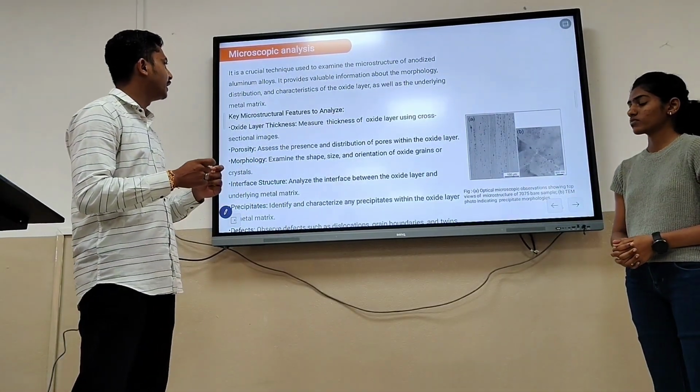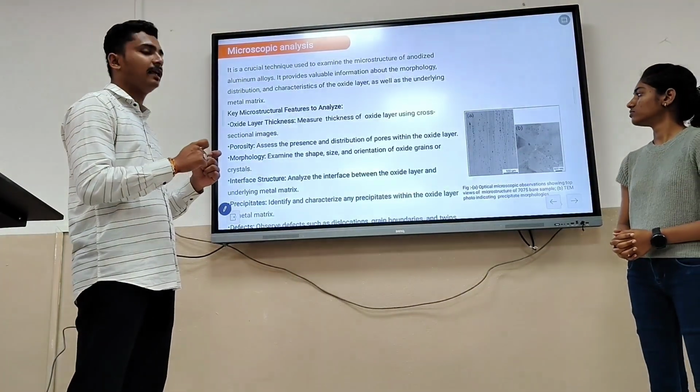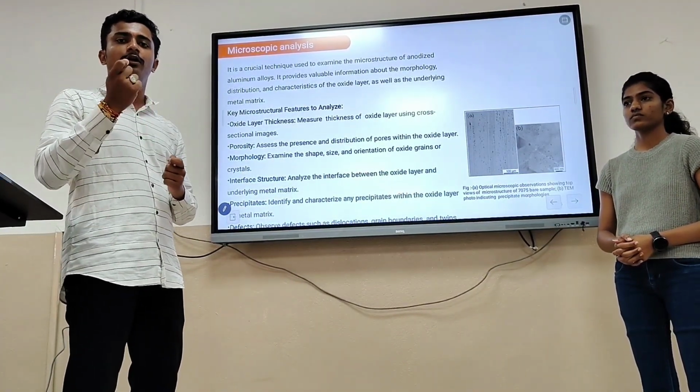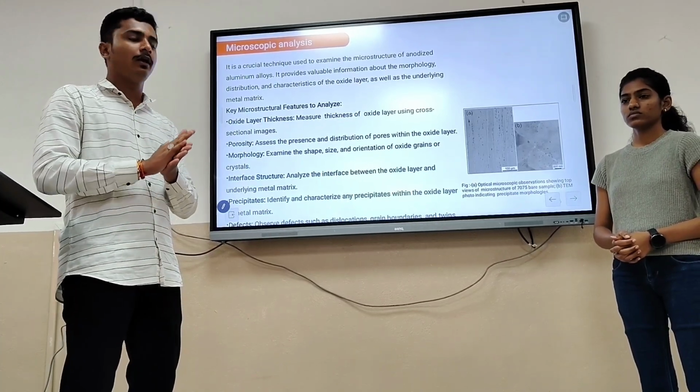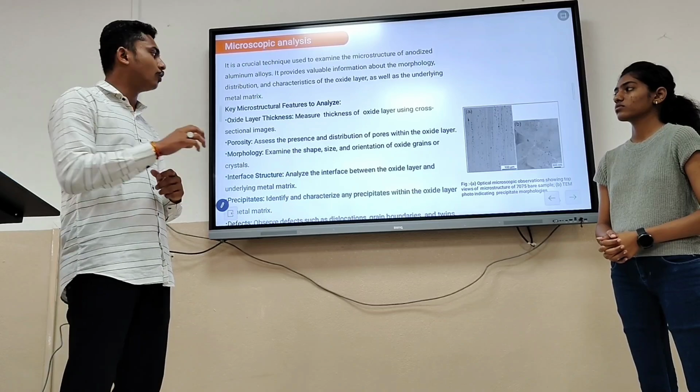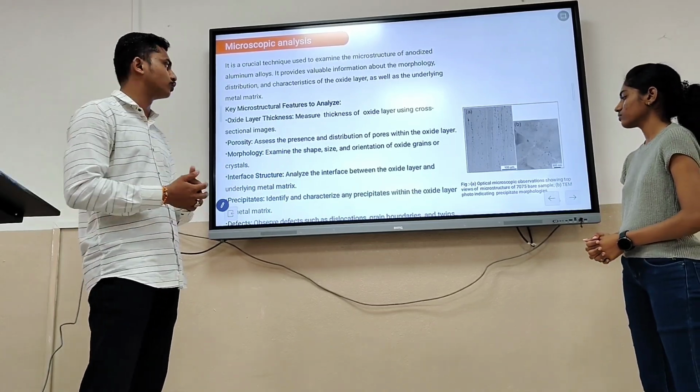From these we can visualize the oxide layer thickness, meaning how much thickness is added onto the surface of our specimen. We can find that from the optical microscope and scanning electron microscope.